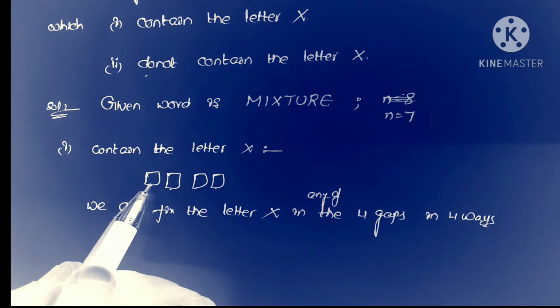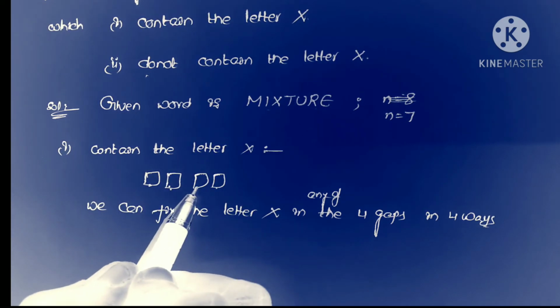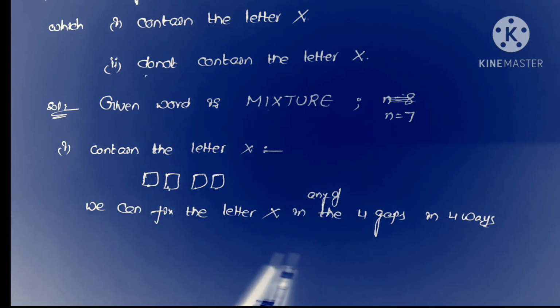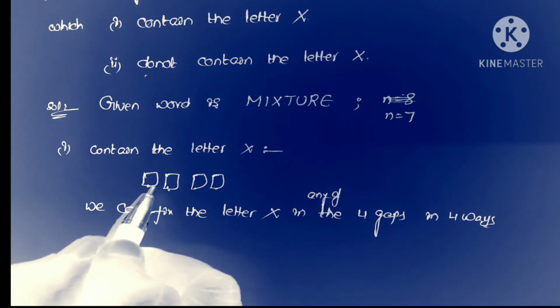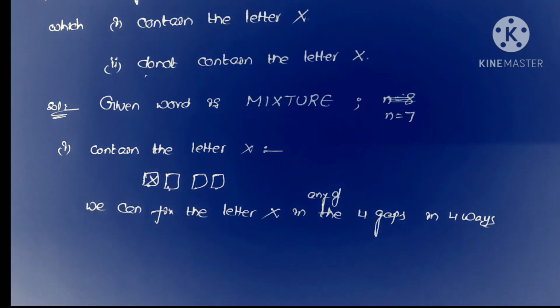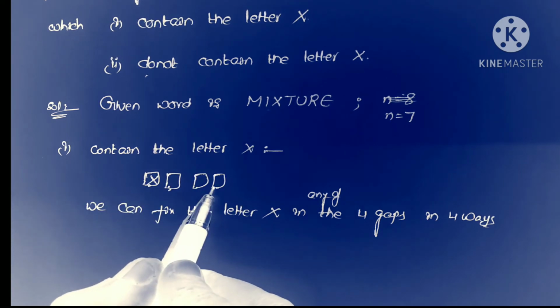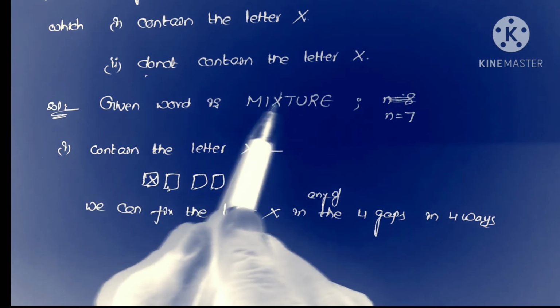Either we fix the letter in the first gap or in the second gap or in the third gap or in the fourth gap. That is, we can fix the letter X in any of the 4 gaps in 4 ways. So suppose I take the letter in the first gap. Now the remaining gaps is equal to 3 and the remaining letters is equal to 6.